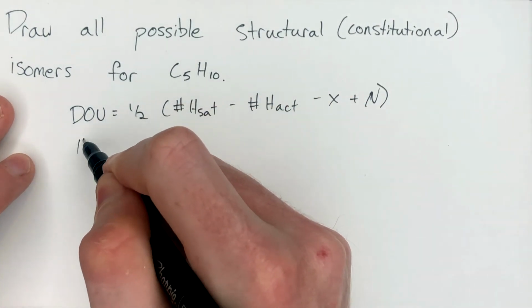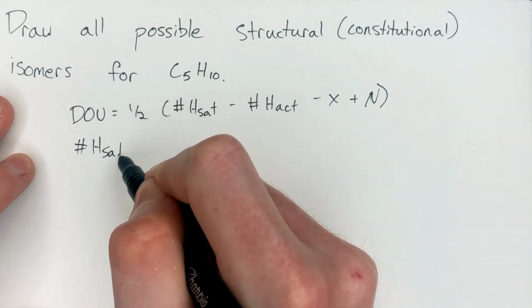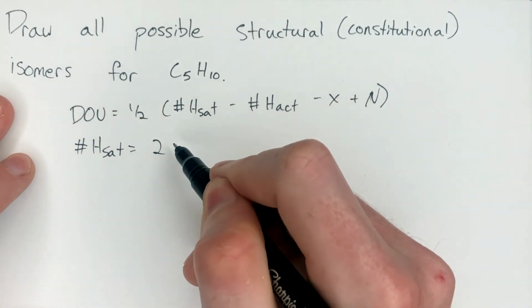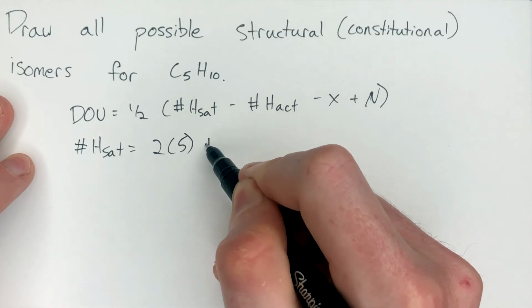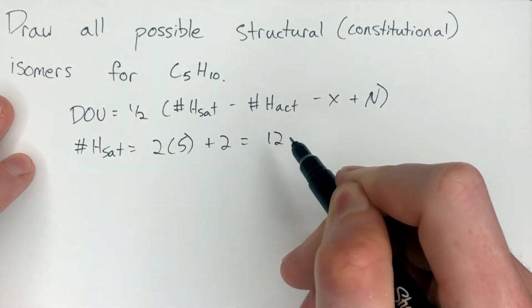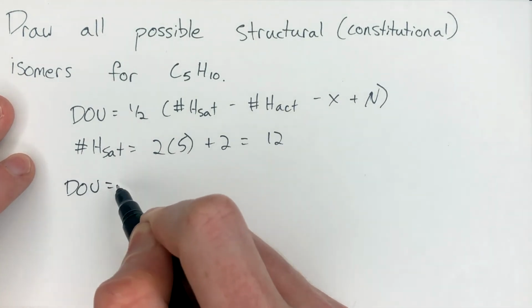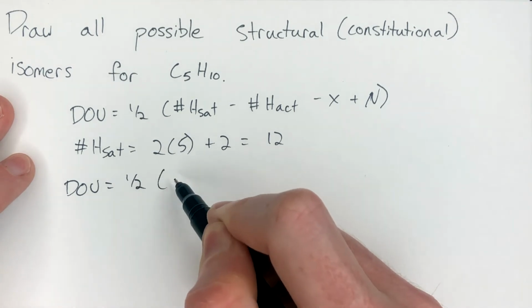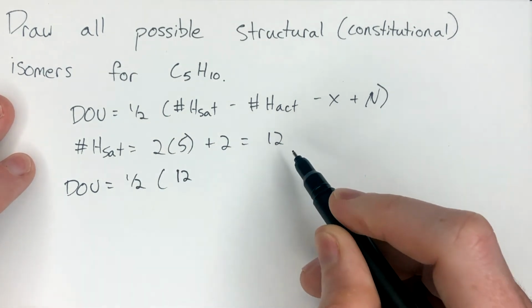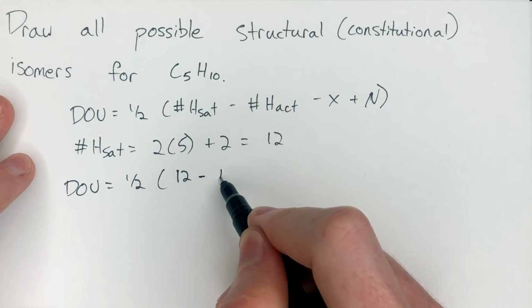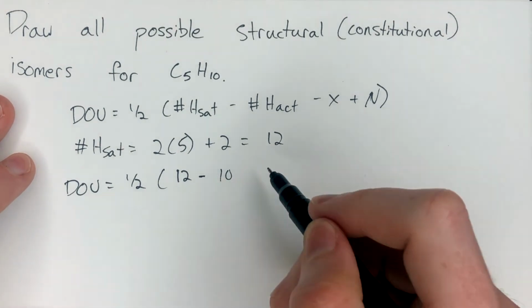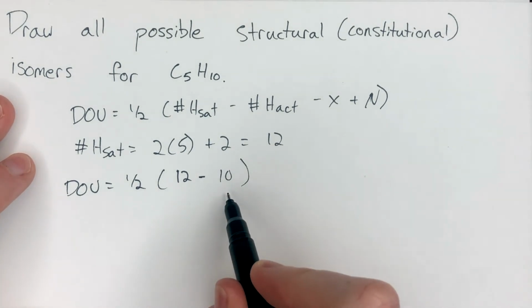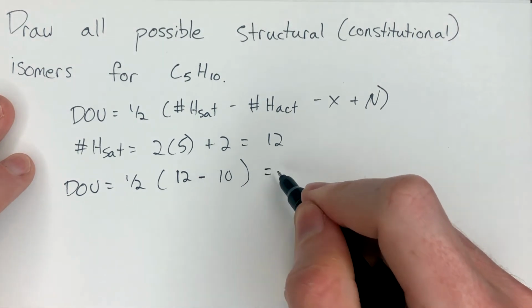So again, the number of hydrogens saturated is calculated by 2 times the number of carbons, which is 5, plus 2, which is 12. Then we plug this value into our degree of unsaturation formula. So it's 12 minus 10. No halogens or nitrogens. So 12 minus 10 is 2, divided by 2 is 1.